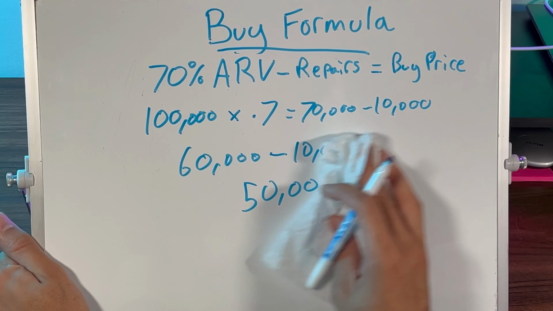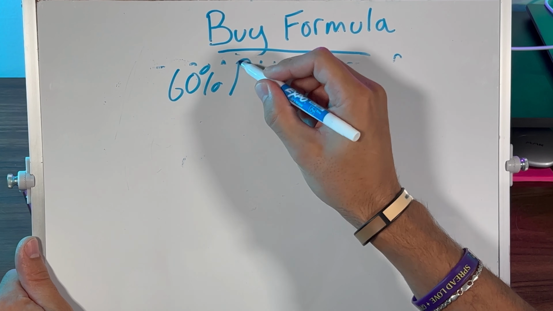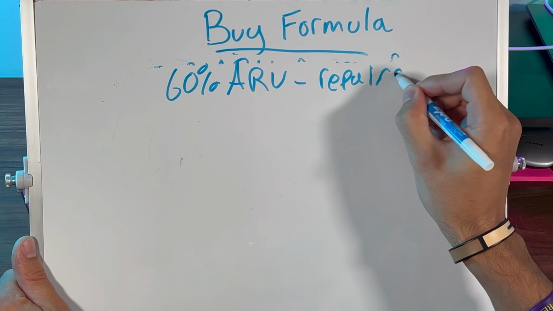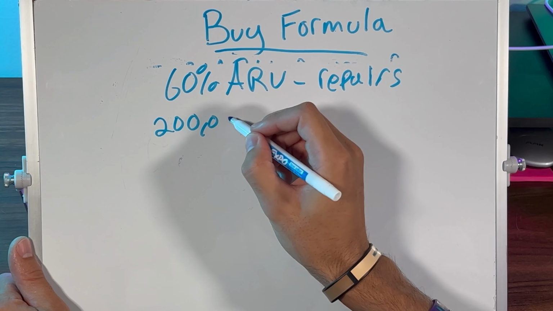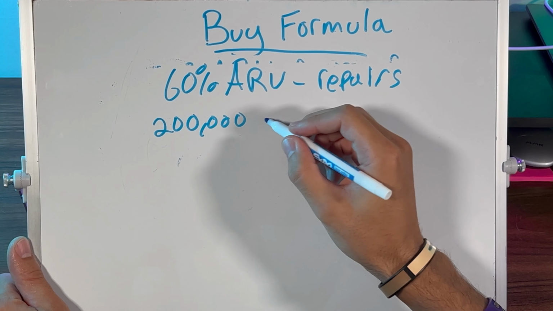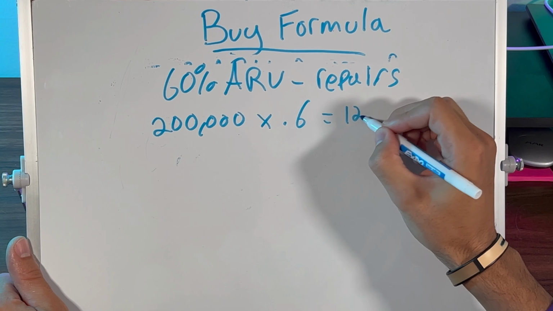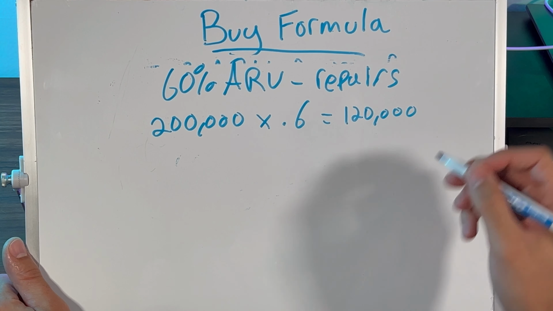Now let's do another example. Let's say they'll buy it for 60% ARV minus repairs, because that's also possible. So if the ARV of the house is 200,000, to get 60%, you times it by 0.6, which equals 120,000. And let's say this one needs 60,000 in repairs.